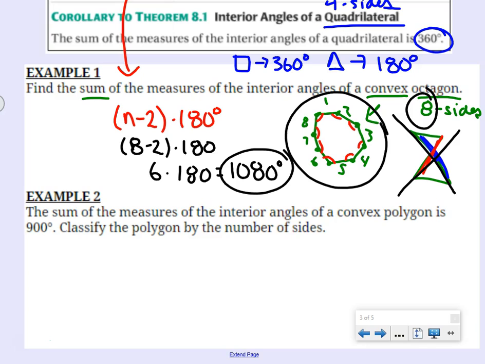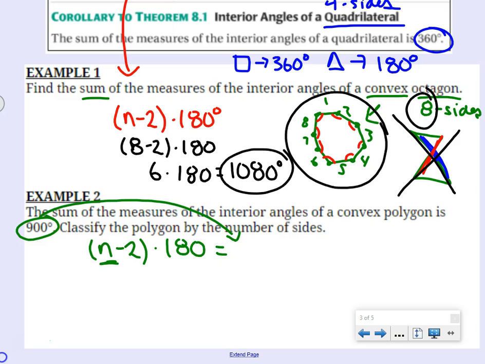Example 2, the sum of the measures of the interior angles of a convex polygon is 900 degrees. Classify the polygon by the number of sides. So again, we're using that formula, n minus 2 times 180. But now we don't know n, but we do know that the sum is equal to 900.